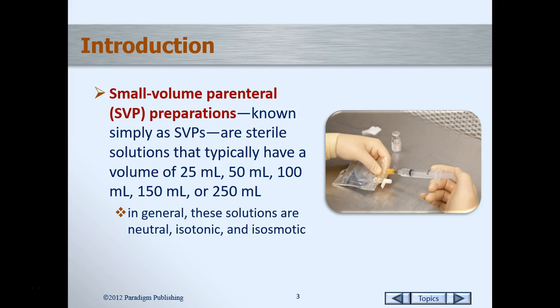Most of the solutions that you will make will be either 50 or 100 milliliters. 250 milliliter small volume parenterals are given as an intermittent infusion, which differs from the 250 milliliter drip solutions that are considered to be large volume parenterals. In general, these solutions are neutral, isotonic, and isoosmotic.